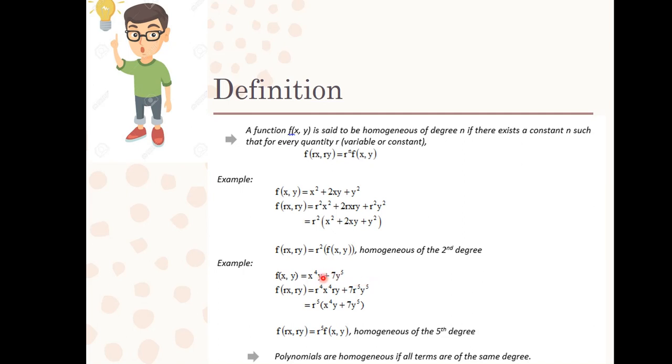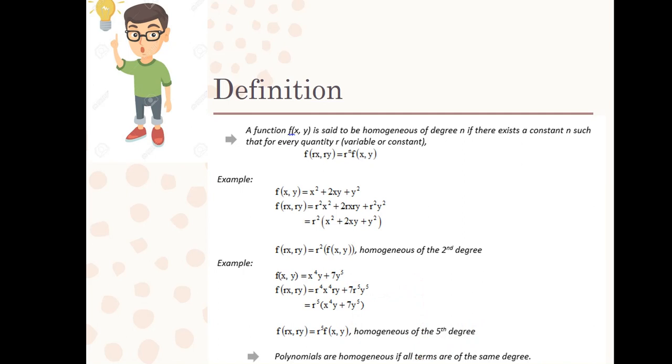Now, if you want to follow the procedure that was illustrated in the first example, we will still see that the common factor is r^5, and after factoring the common factor, the remaining expression is the original given function. So we can conclude that our given function is homogeneous of degree 5.